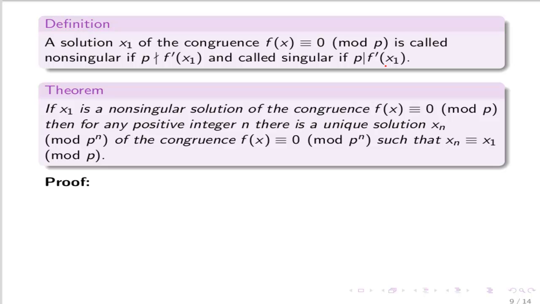And so we get the following theorem. If x1 is a non-singular solution of the mod p congruence, then for any positive integer n, there is a unique integer xn mod p to the n of the congruence f of x congruent to 0 mod p to the n, such that xn is the same value as x1 mod p.